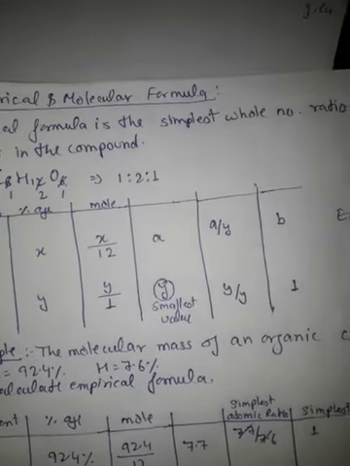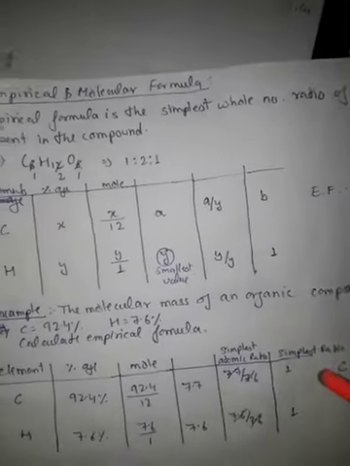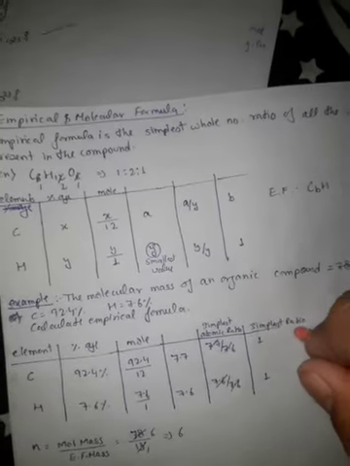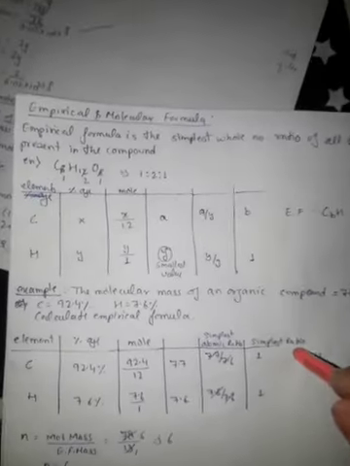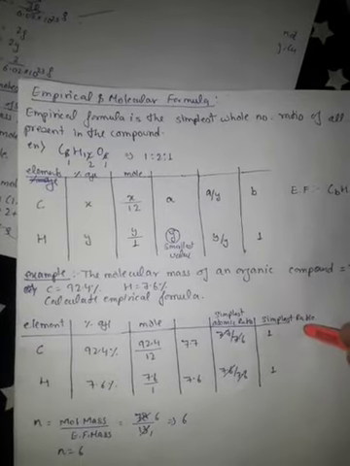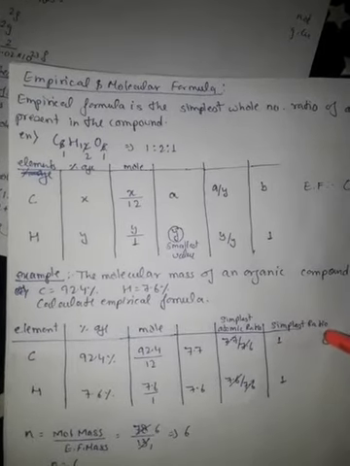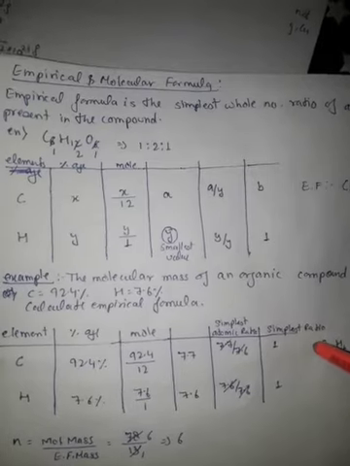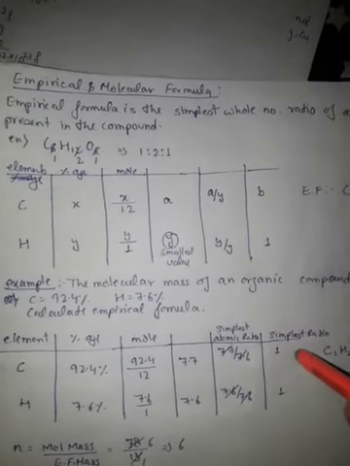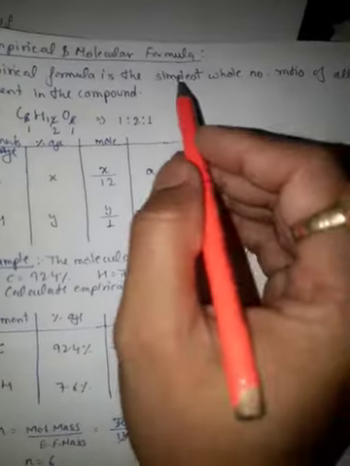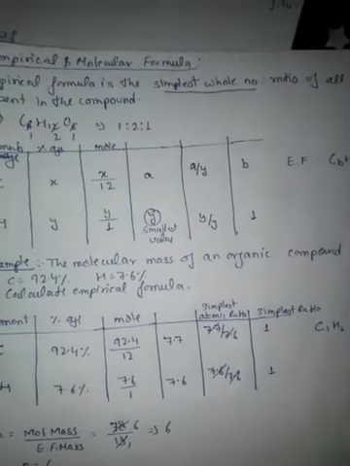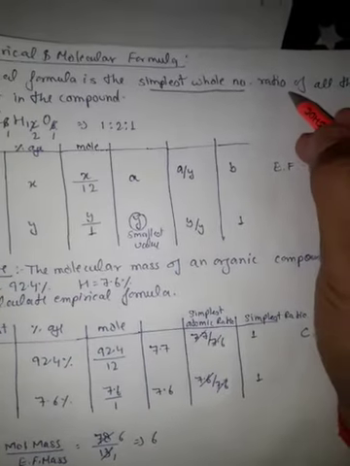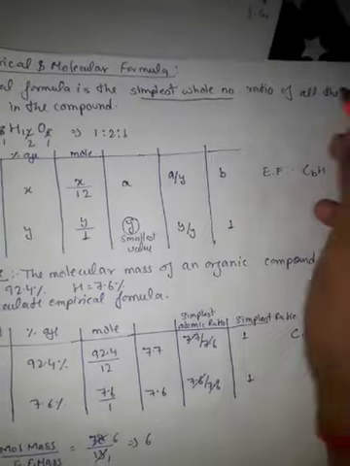Empirical formula is the simplest whole number ratio of all the elements present in the compound.